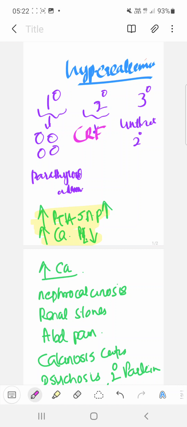Okay, so when there is renal failure, there is decreased vitamin D3. The enzyme 1-alpha hydroxylase is what activates vitamin D to raise calcium. So there will be decreased calcium.